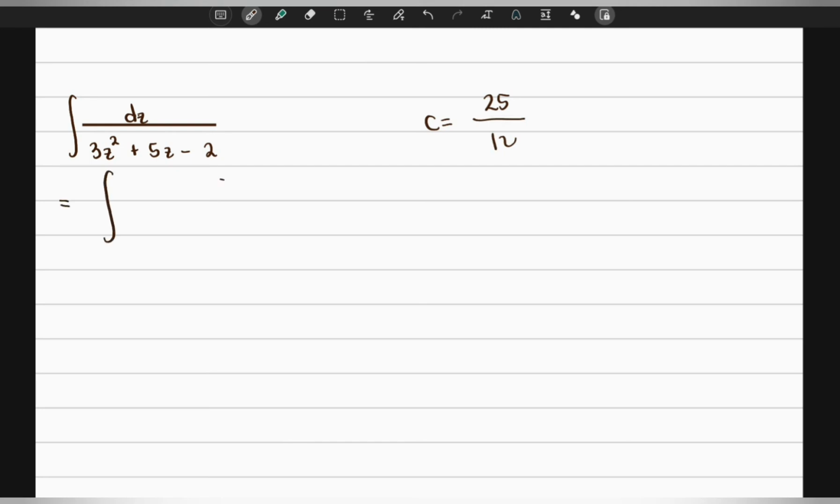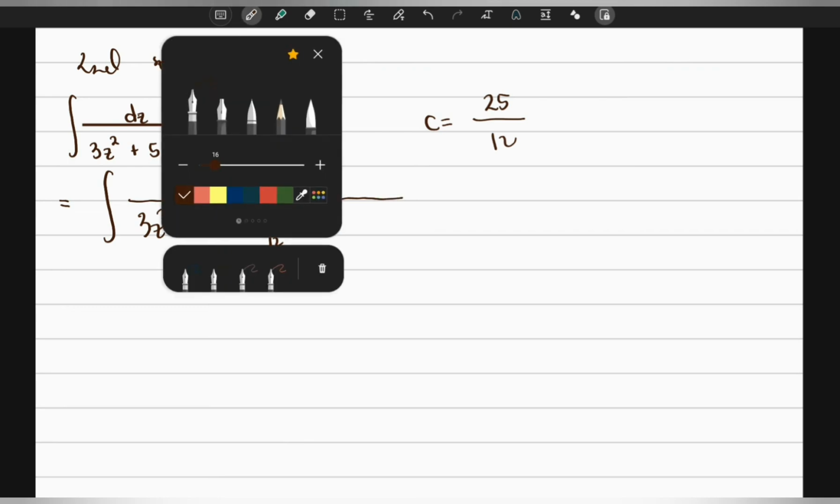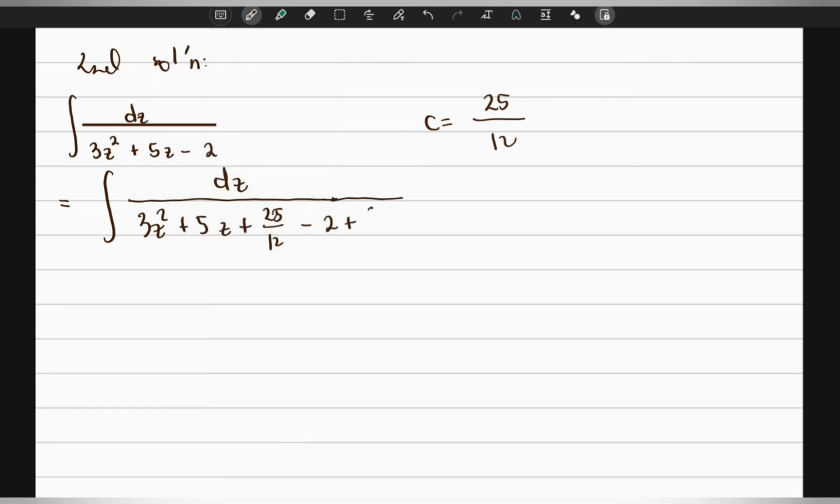Okay. So this will become, so ito second solution. This will become 3z squared plus 5z plus 25 over 12 minus 2. Plus, minus 25 over 12.